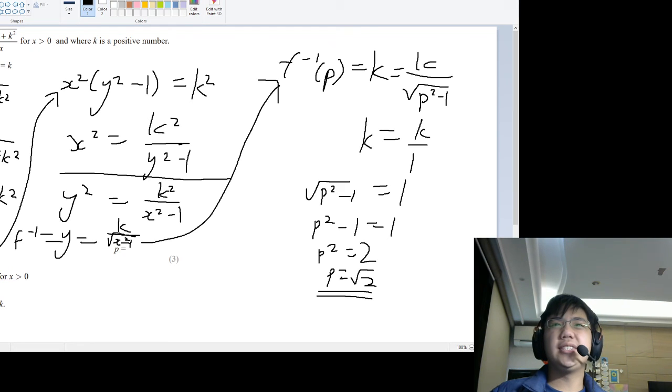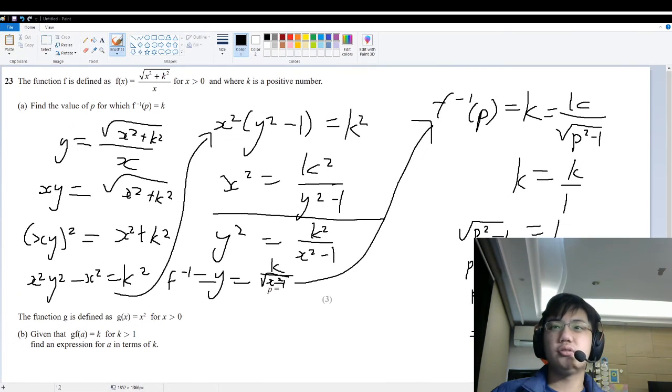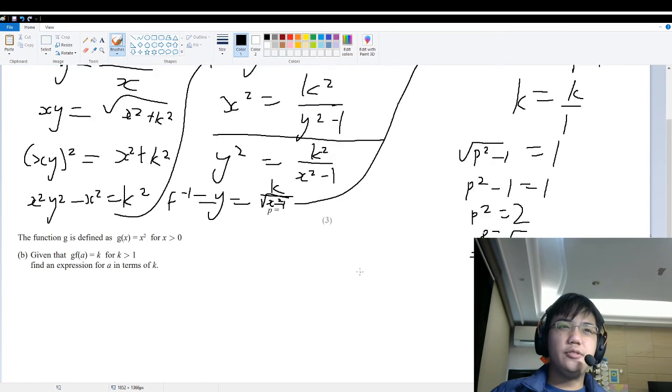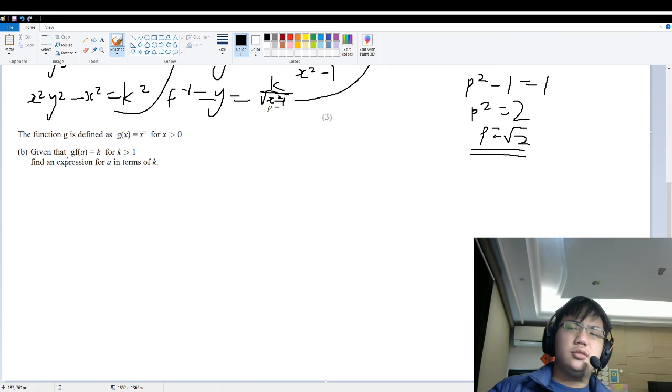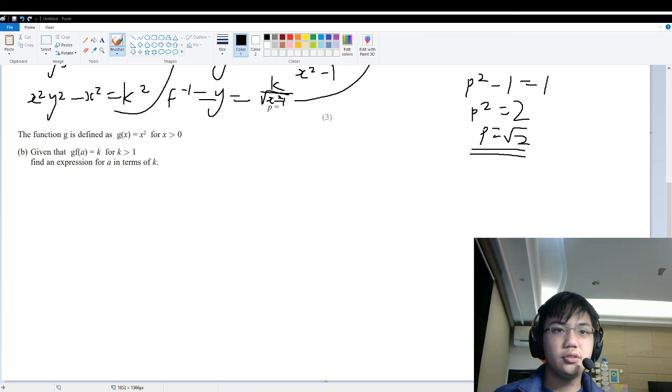I'll do that if it makes the last part of the question more visible. Okay, moving forward. The last part of this question states that given g of f of a equals k, k is greater than 1, find an expression for a in terms of k.